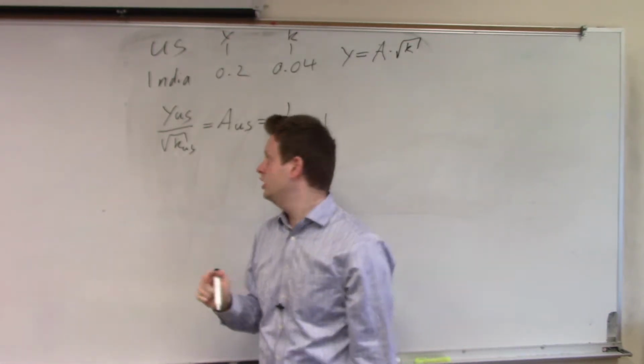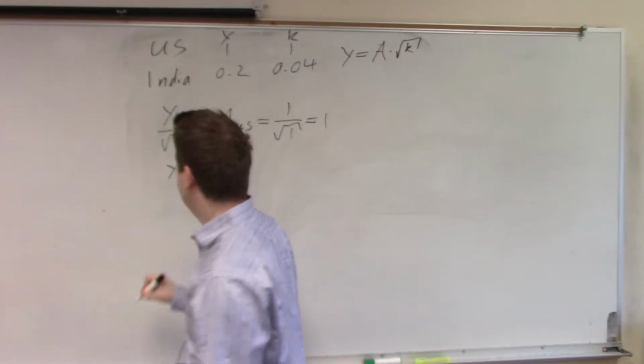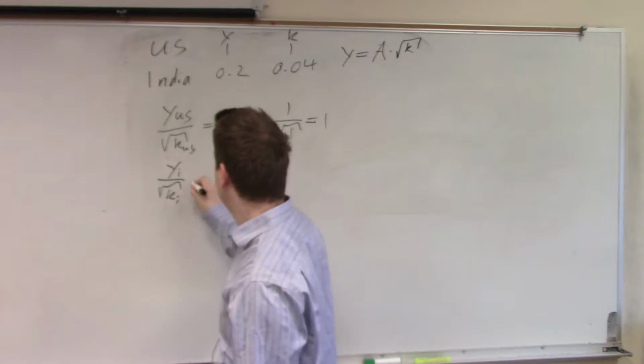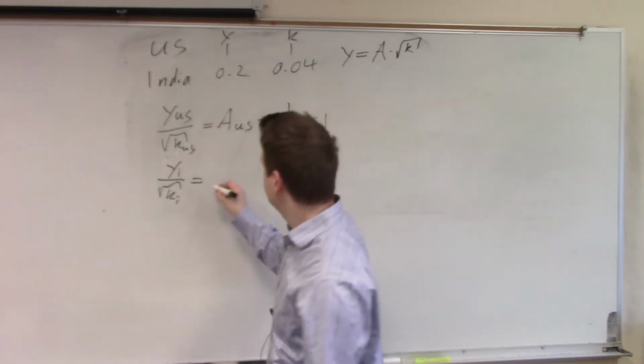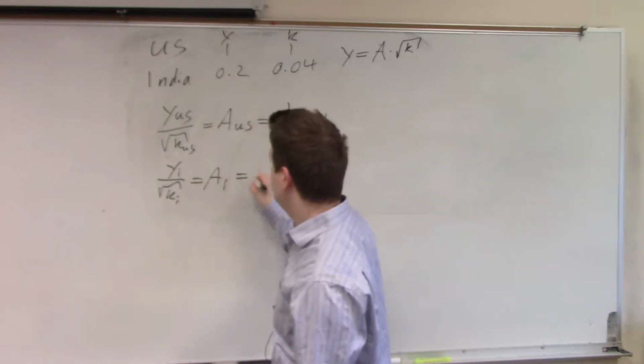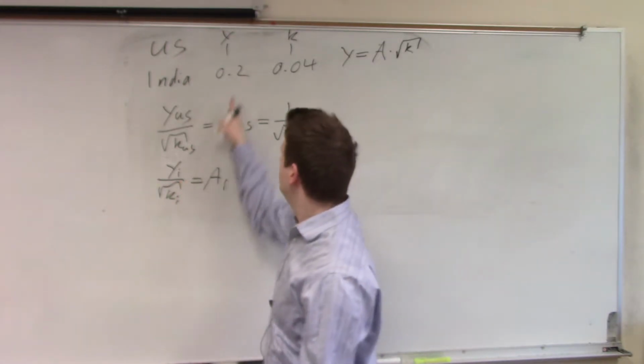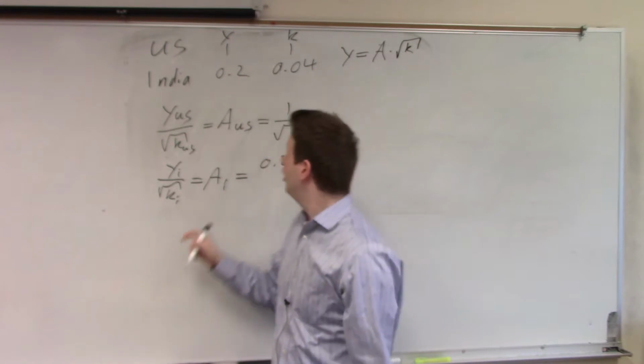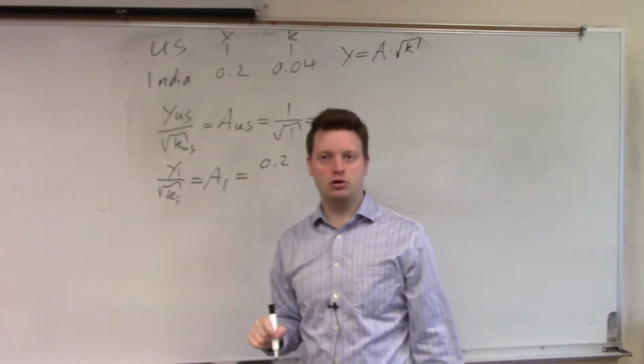Let's do the same with India. Output in India over the square root of capital in India is equal to productivity in India, but output in India was 0.2. Now we need to calculate the square root of 0.04.